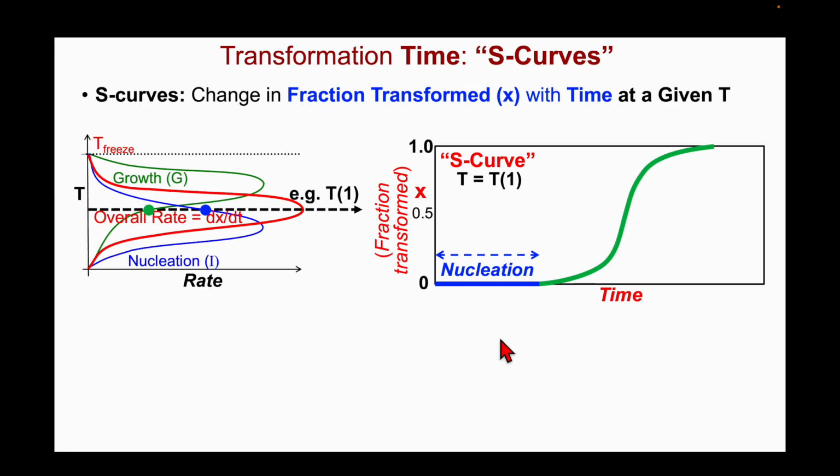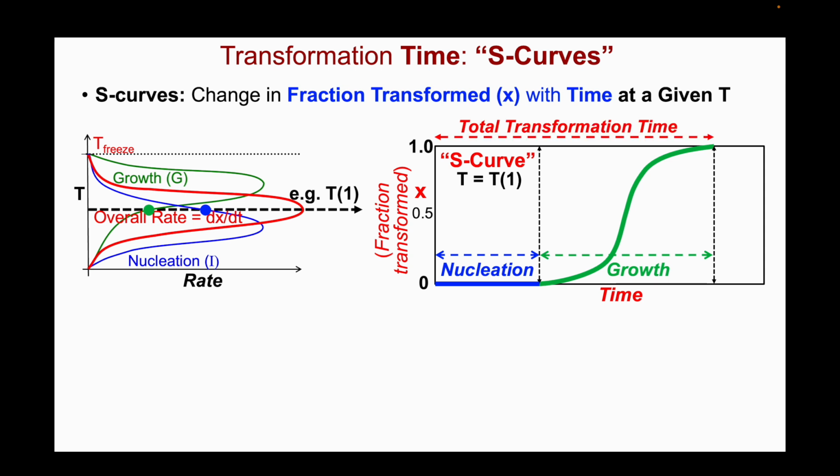During growth, the change in X with time will always follow this S-curve profile, with a slower start, faster conversion halfway through the transformation, and then a slower finish as the old phase is completely consumed. We can highlight the time taken for the growth process shown here. The time for completing the entire transformation, from the beginning of nucleation to the end of growth, is shown up here.